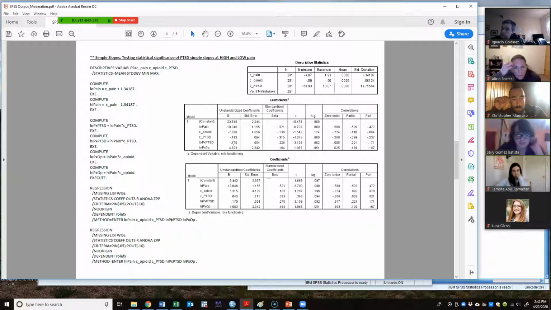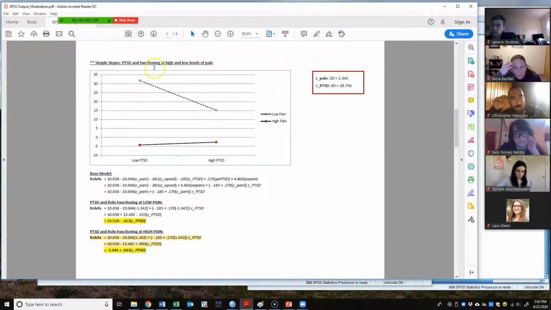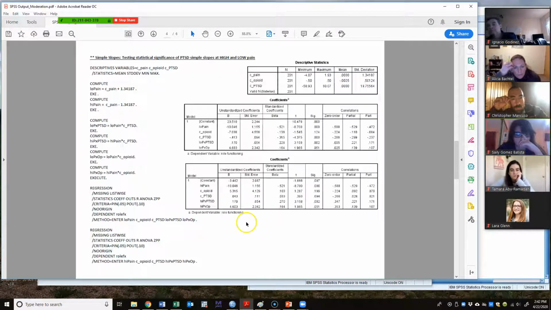There is evidence against the null. Yeah, right. So we've got strong evidence for a negative association between PTSD and role functioning at low levels of pain.